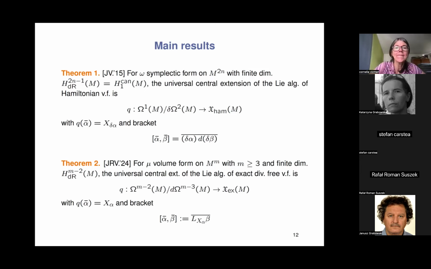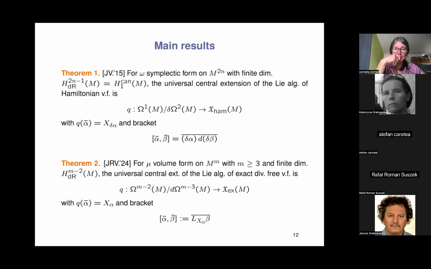So in the symplectic case, the central extension is the 1-forms on the symplectic manifold modulo delta of 2-forms, so delta-exact 1-forms, in the canonical homology complex. The projection associates to the class of alpha the Hamiltonian vector field of the Hamiltonian function delta alpha.